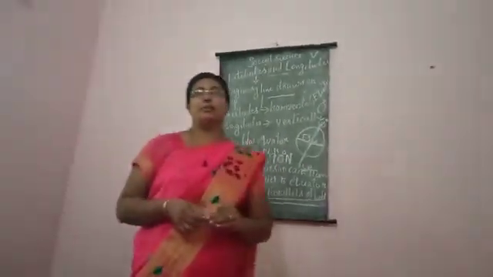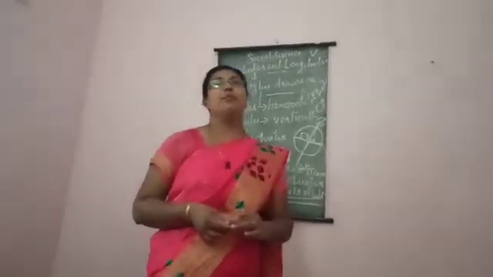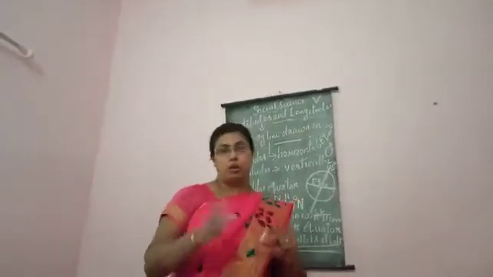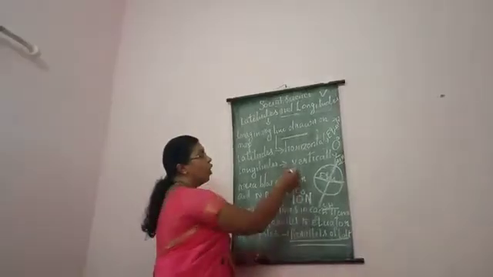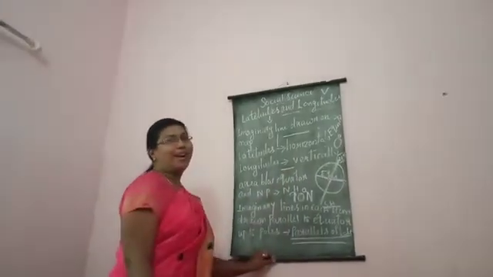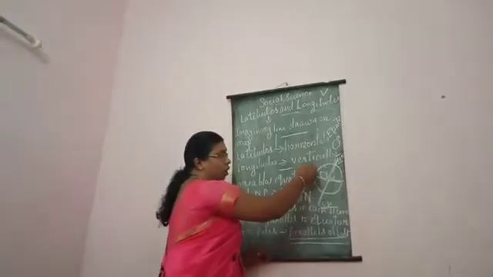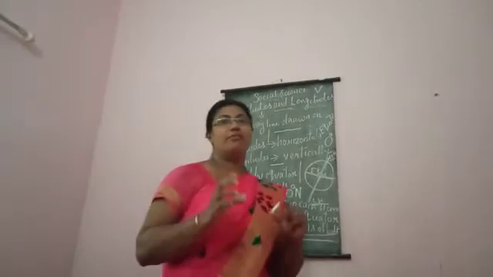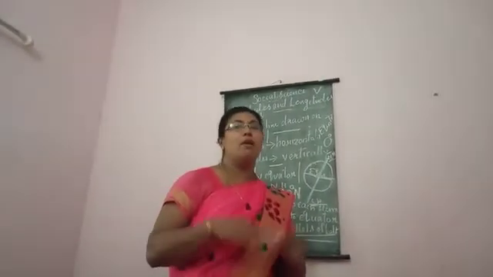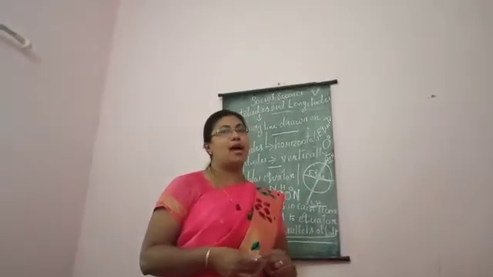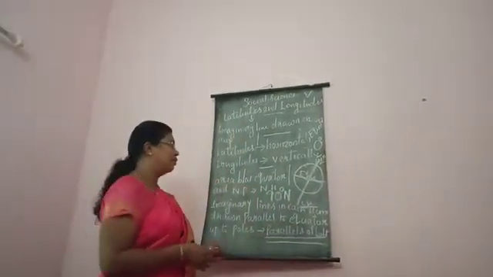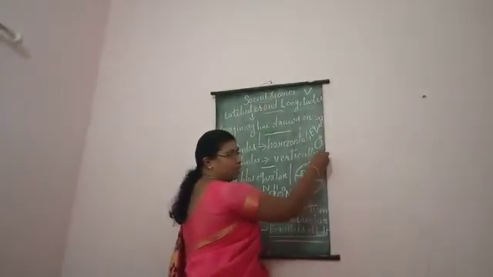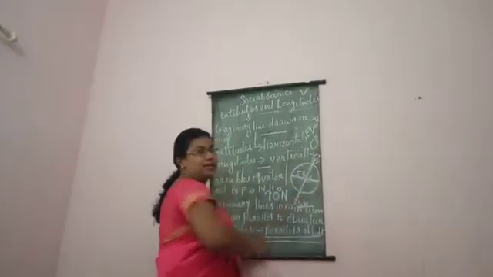So my dear children, before ending the class, once again, we were discussing our second chapter, latitudes and longitudes. Latitudes are horizontal lines, whereas longitudes are long, vertical lines. The imaginary lines drawn on a map or a globe horizontally and vertically are known as latitudes and longitudes. The equator cuts the earth into two halves: upside northern hemisphere, downside southern hemisphere.